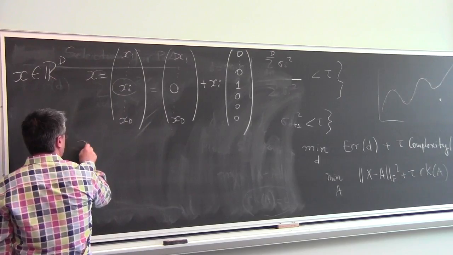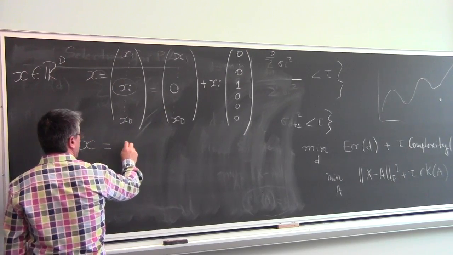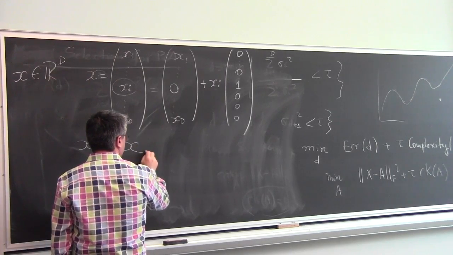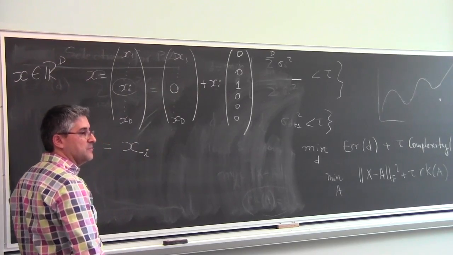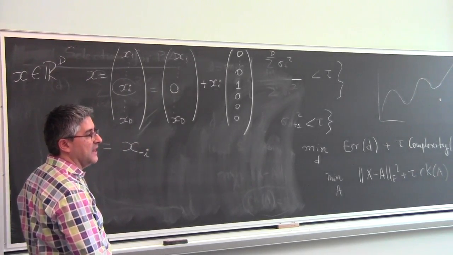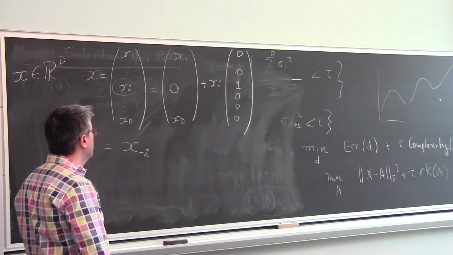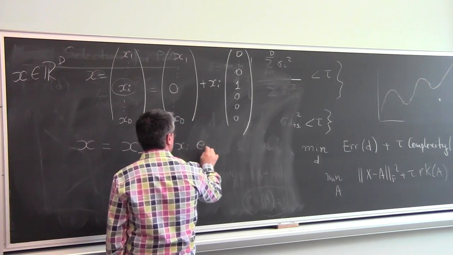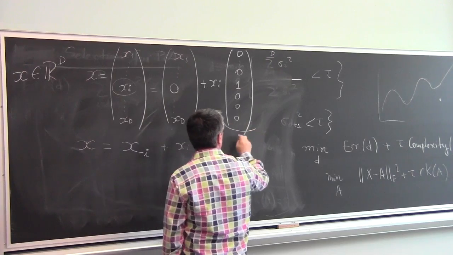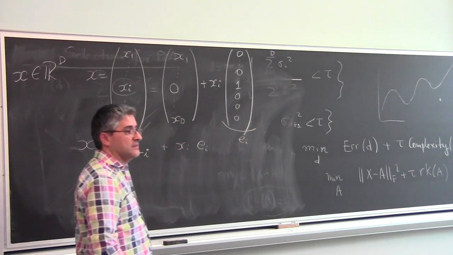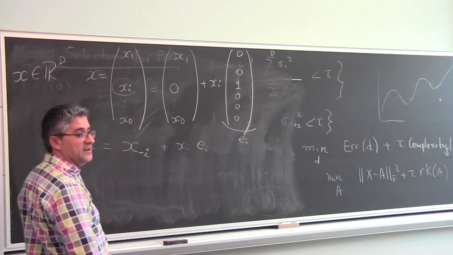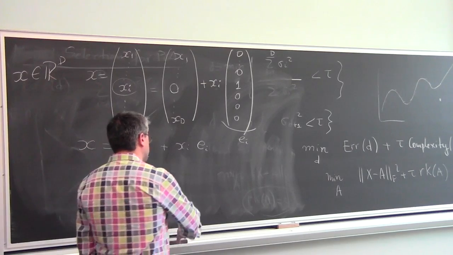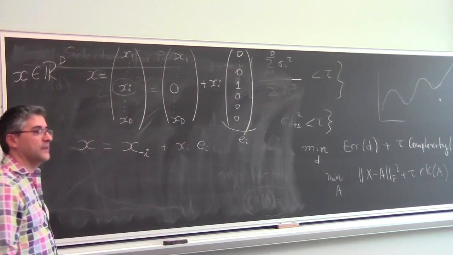So mathematically all I've said is that every data point can be written in this particular case as x, which I'm going to denote here as minus I, because I'm going to set the ith entry of it to 0, plus xi times e sub I. E sub I is just the ith basis vector in Rn. Okay?